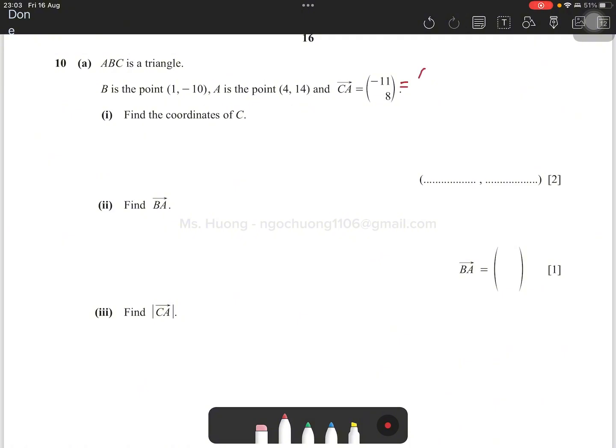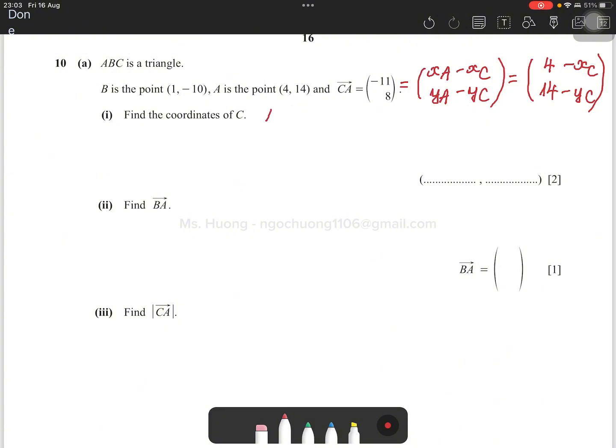You know, the vector CA means XA minus XC, YA minus YC. So, XA is 4 and YA is 14. So 4 minus XC, and this is 14 minus YC.